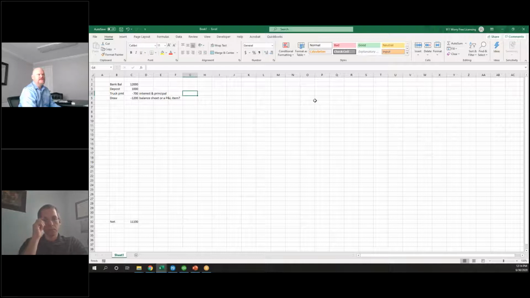Oops, let's skip a line. $600 is principal and $100 is interest. Only the $100 piece is a reduction on my profit and loss. So that's misleading. And a draw doesn't go on my profit and loss at all. It's a balance sheet. I'm going to put balance sheet on this right here.